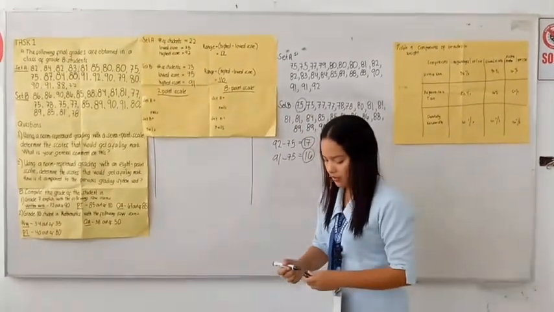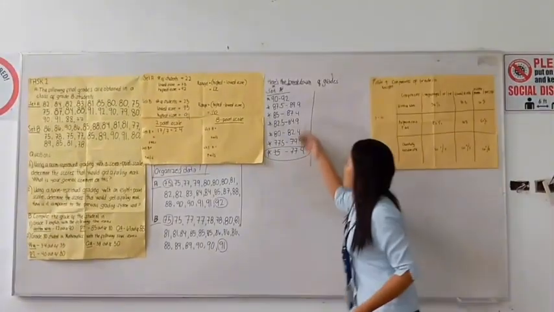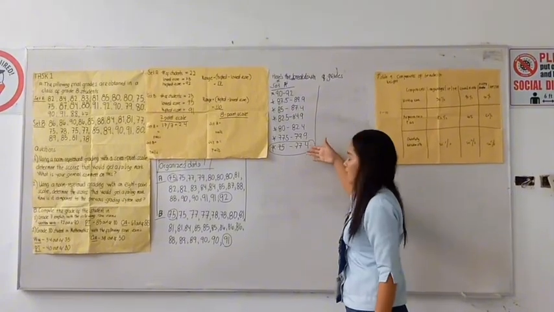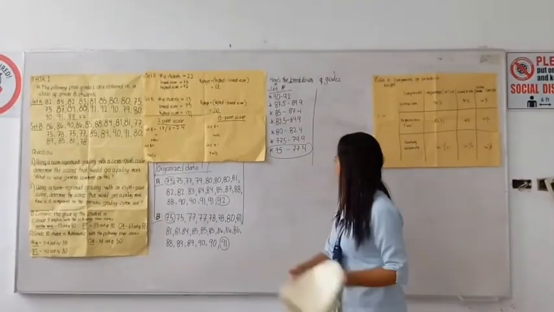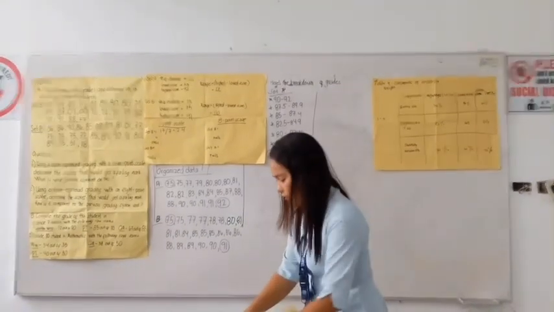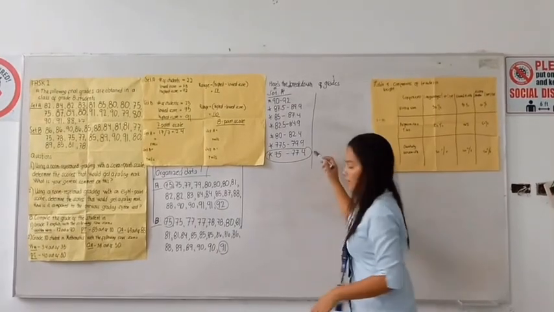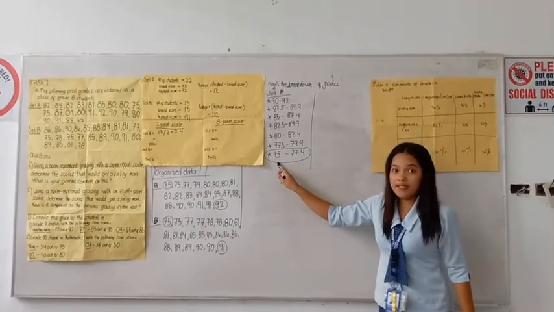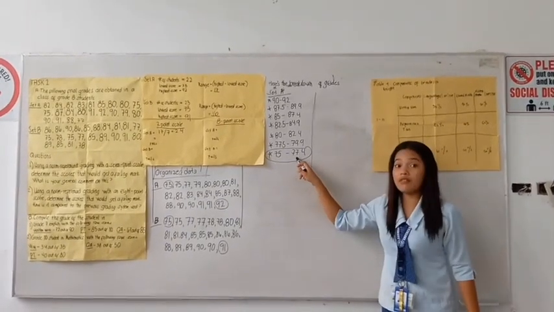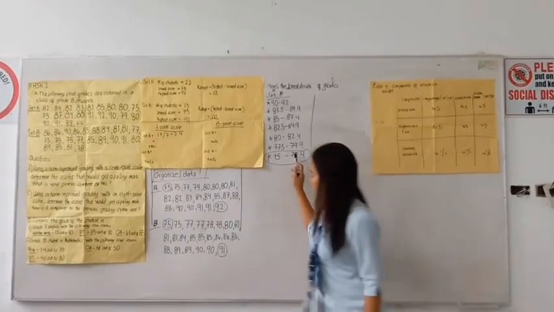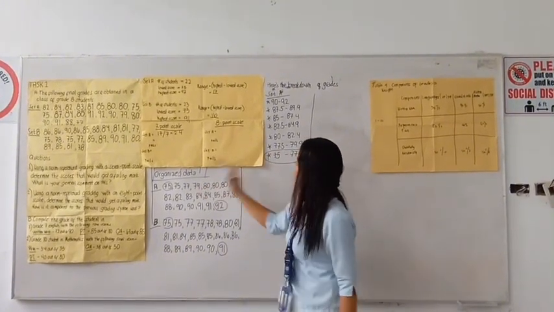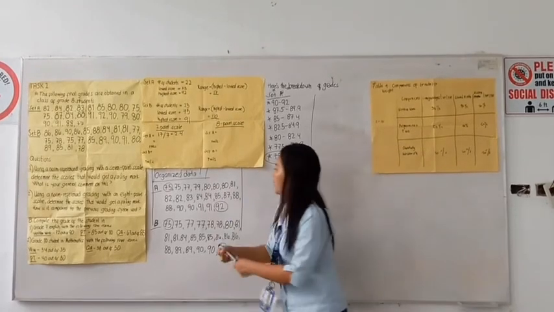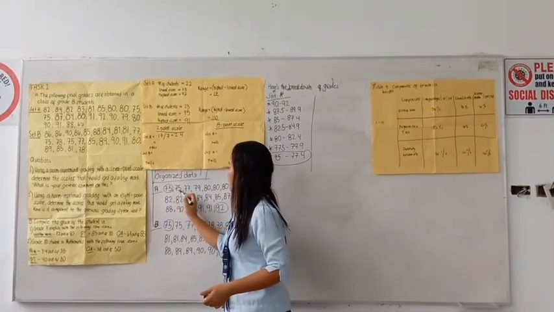Here's the breakdown of grades for set A. As you can see, it is in ascending order. The failing grades are 75 to 77.4. The coverage of 75 to 77.4 is until here: 75, 77.